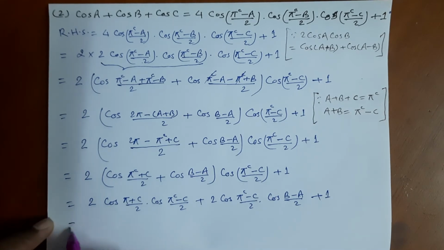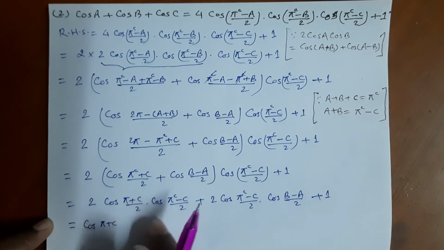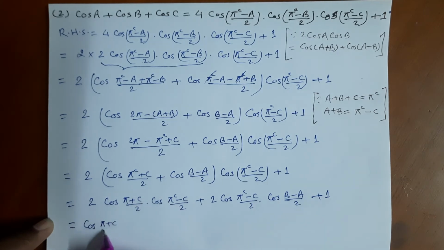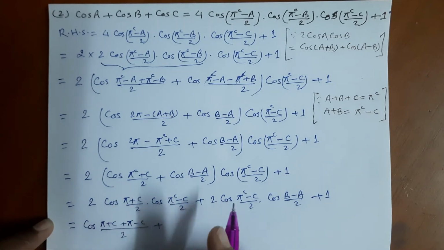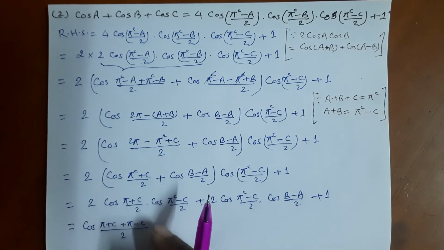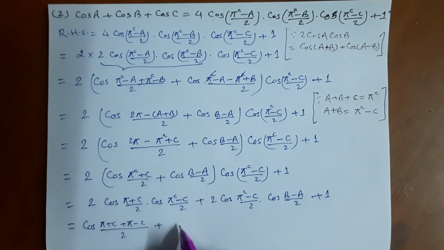So now this equals to, using that formula, it becomes cos a plus b over 2, that is pi plus c over 2 plus it will be, and LCM will be 2. I will write directly, plus pi minus c plus this minus this. While writing this minus this, 2 will be the LCM.